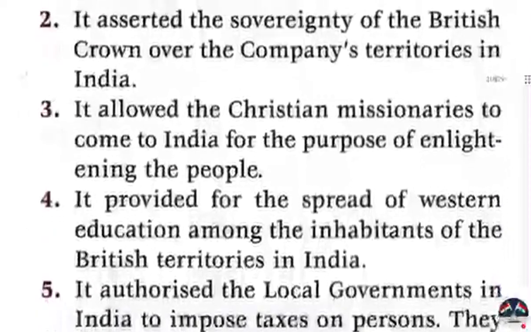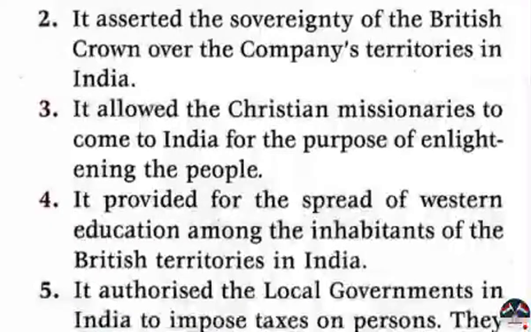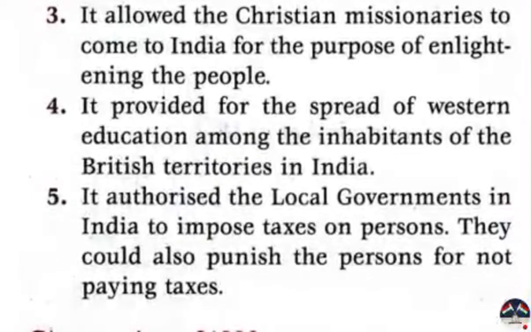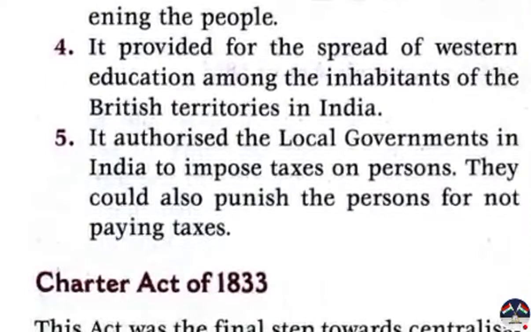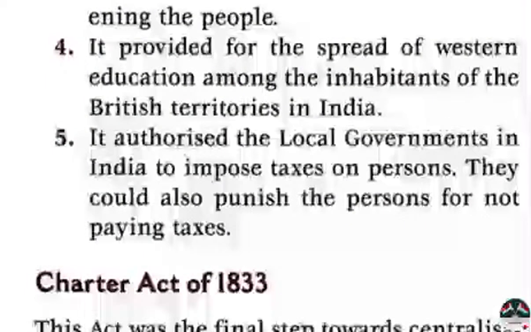It asserted the sovereignty of the British Crown over the company's territories in India. It allowed Christian missionaries to come to India for the purpose of enlightening the people. So basically, they were trying to spread their religion.